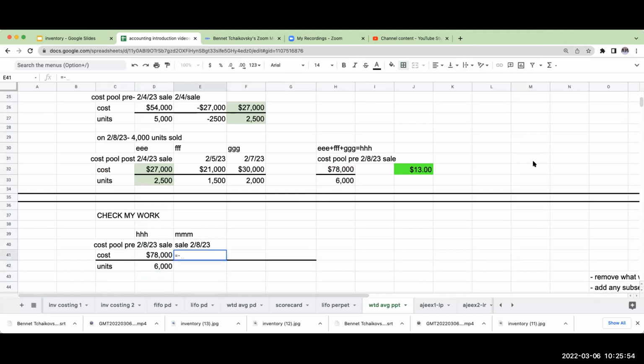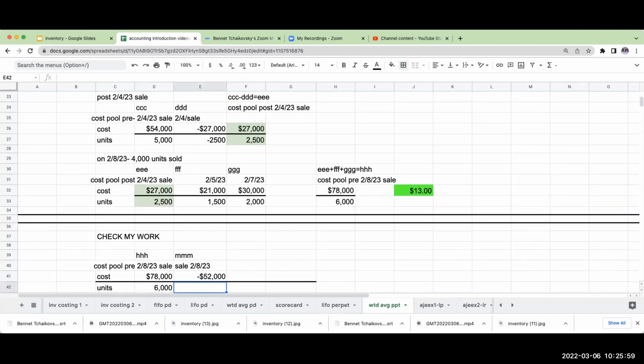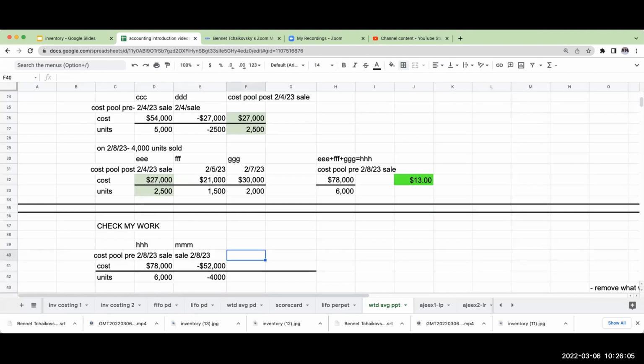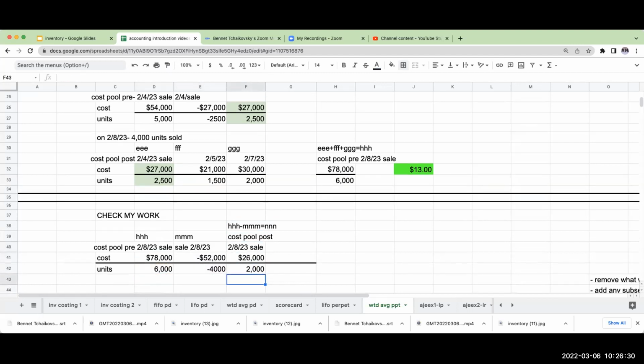So I sold 52,000, and this related to 4,000 units. So my cost pool post 2/8/23 sale is 26,000 divided by 2,000.